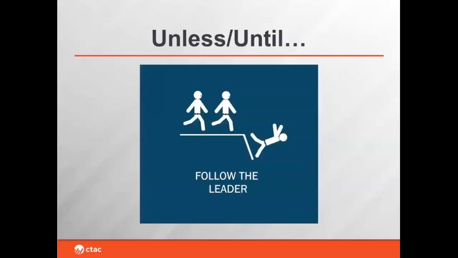So it works until this happens, right? What if that big leader really doesn't know where we should be going and can potentially lead the team right off the cliff? So the more complex the situation, the more risk there is for this to happen.